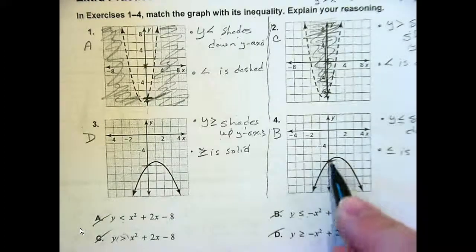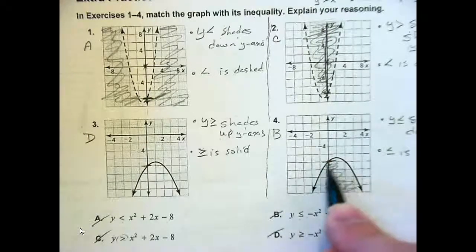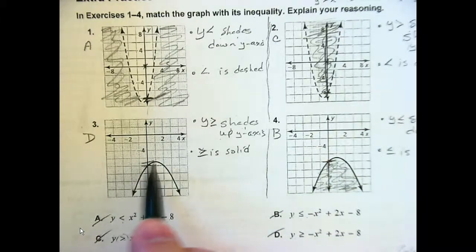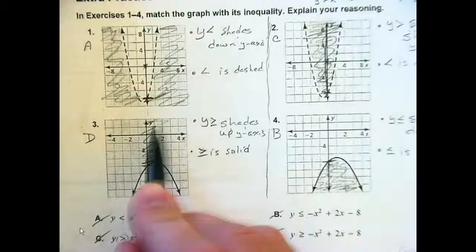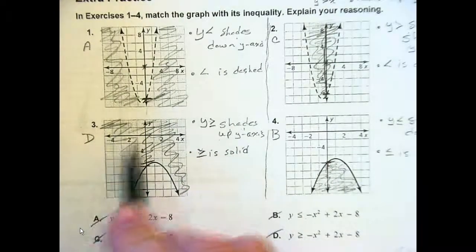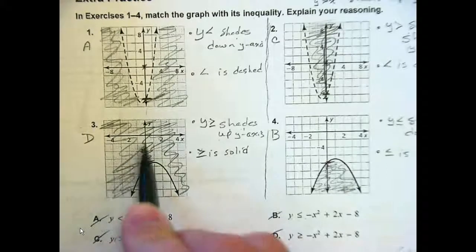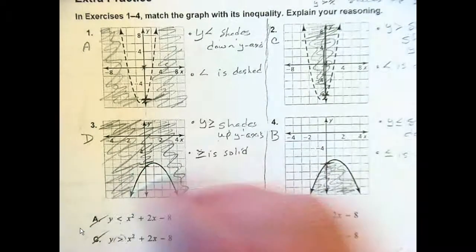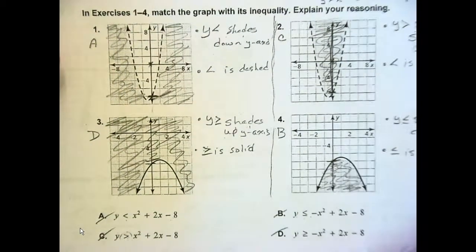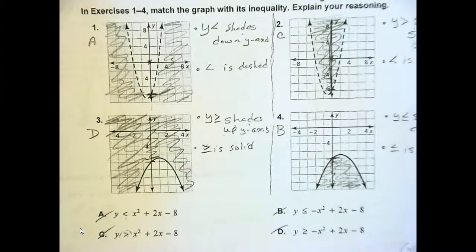Number 4. I shade down it, meaning I shade all the stuff inside here. And this one, I shade up it, meaning I shade all the things that exist up there with it. Okay. Just for my benefit, how many understand what I'm saying there? Okay, that's going to help when we graph systems here in a few minutes.